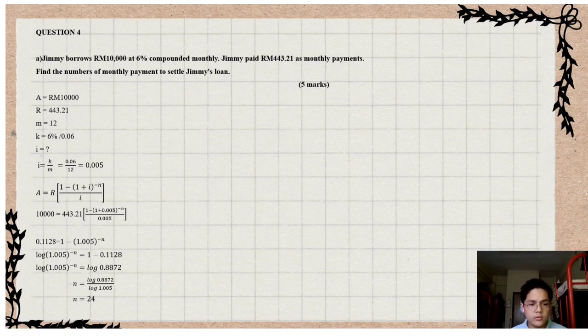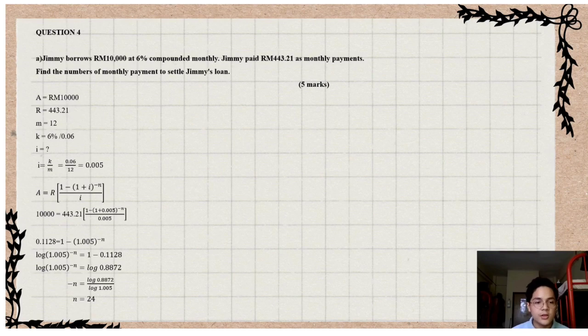In bracket 1.005 to the power of negative n equals 1 minus 0.1128, and then we will get 0.8872. Then we need to insert log: log of 1.005 to the power of negative n equals log 0.8872.